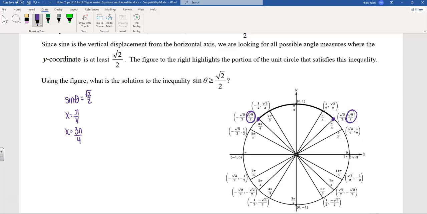But we want to know where sine is greater than that, right? So it says here, since sine is the vertical displacement from the horizontal axis, we are looking for all possible angle measures where the y-coordinate's at least square root of 2 over 2, right?